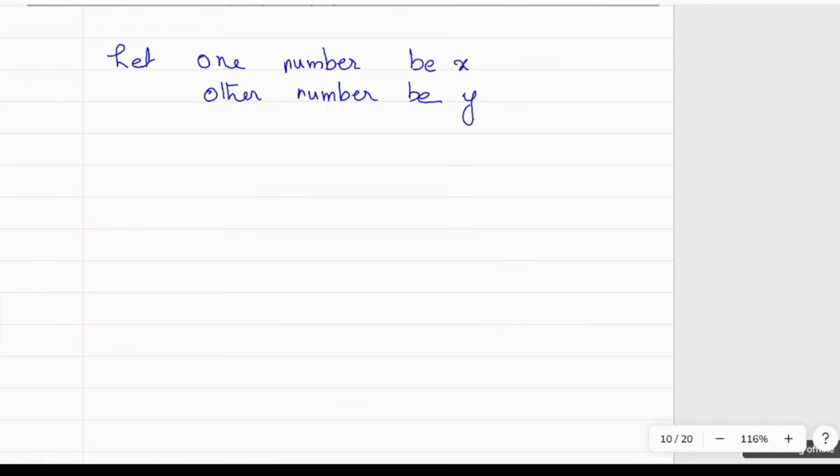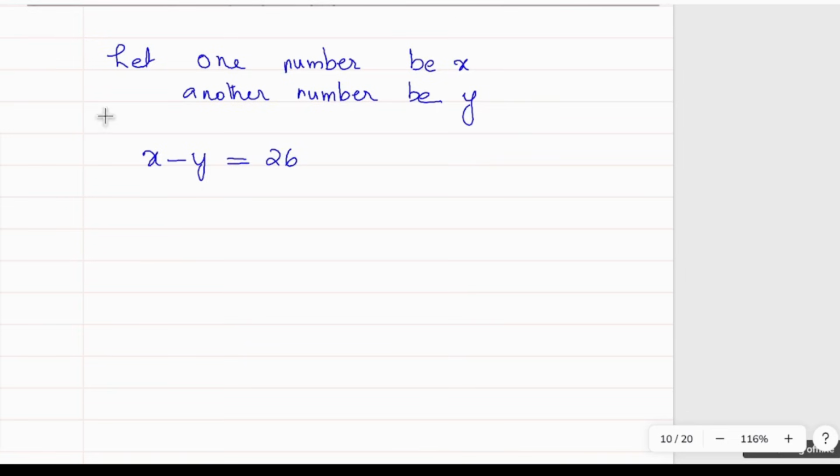And what is the first condition? The given first condition is that the difference between the two numbers is 26. As per the first condition, x minus y is going to be 26.